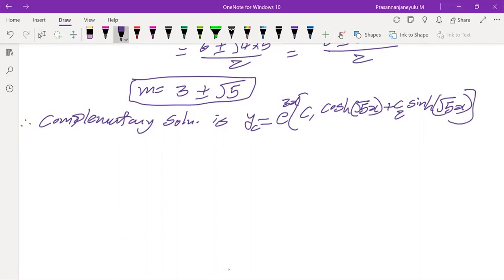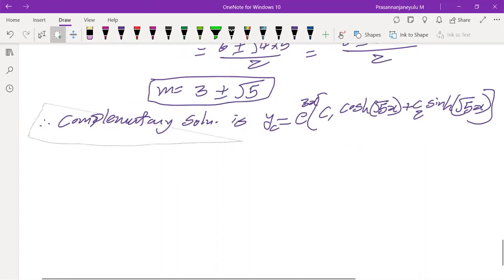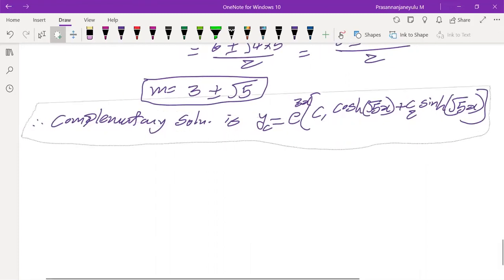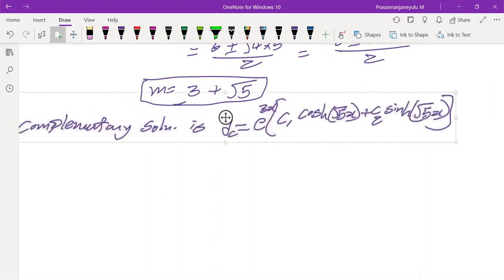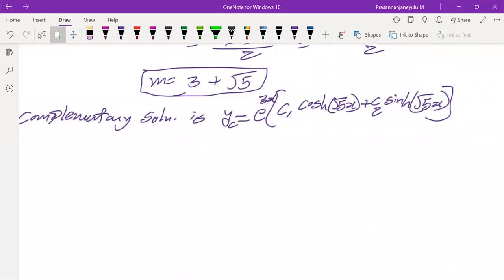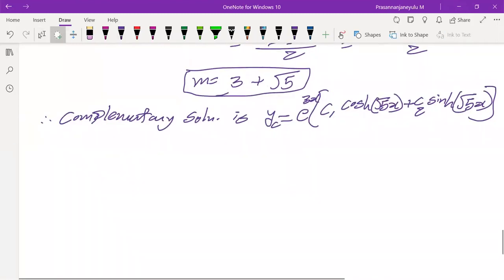But here, what is the general solution? y equals yc is the general solution. Where do we have to substitute it? We have to substitute yc in equation number 2.